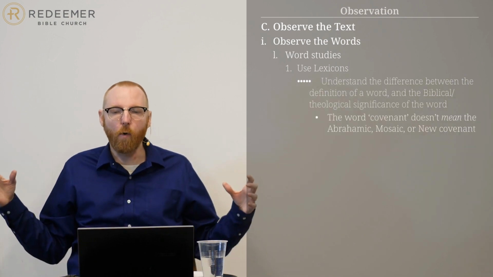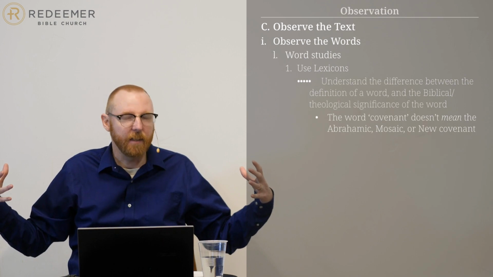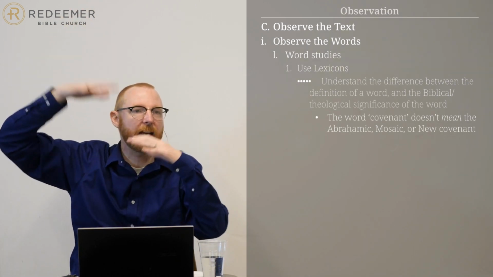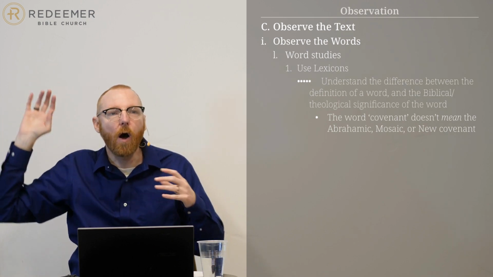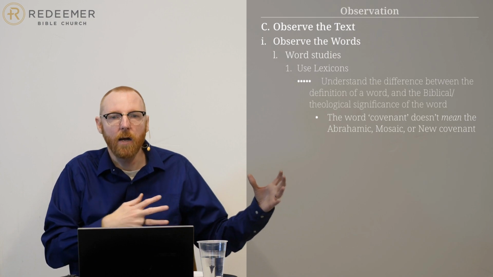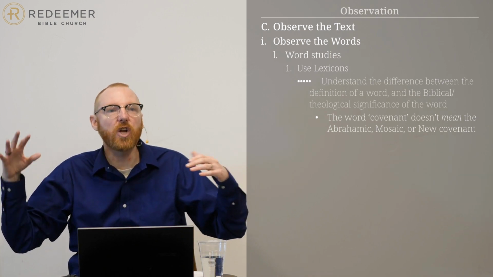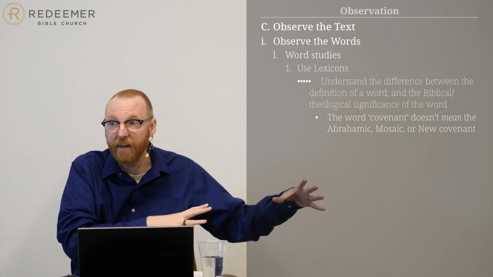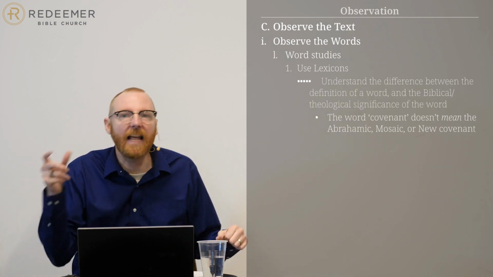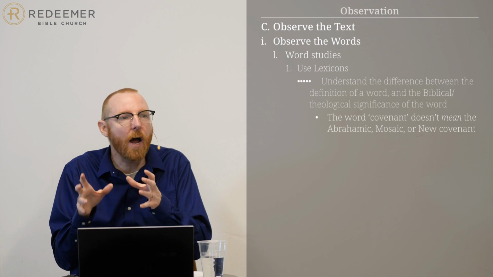For example, the word covenant. What does the word covenant mean? Oh, it's an agreement, it's a promise. You could look at the definition of that. But often, for example in the Torah, Moses will use the word covenant, and he's talking about, let's say, the Abrahamic covenant, right? But the word covenant doesn't mean the Abrahamic covenant, even in that context.